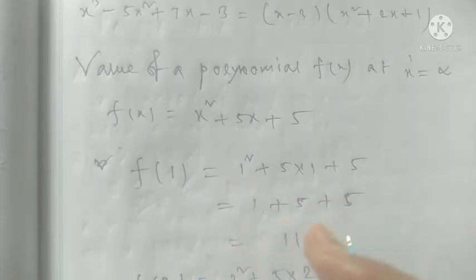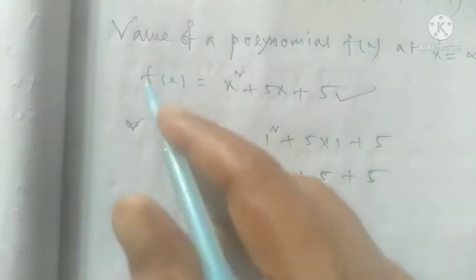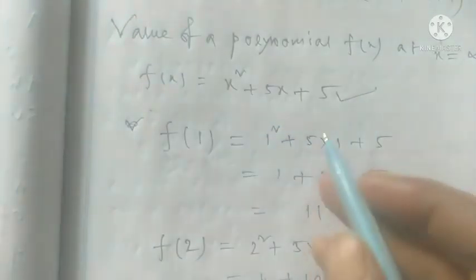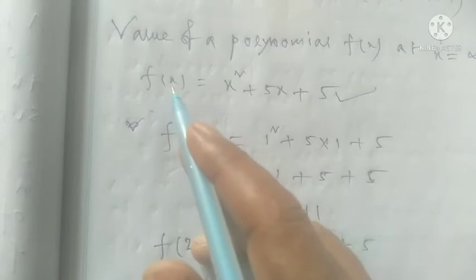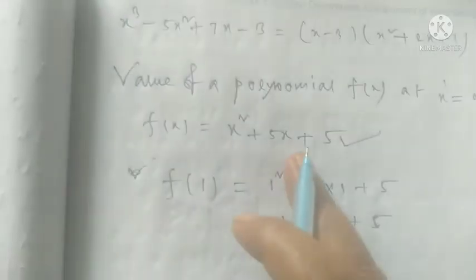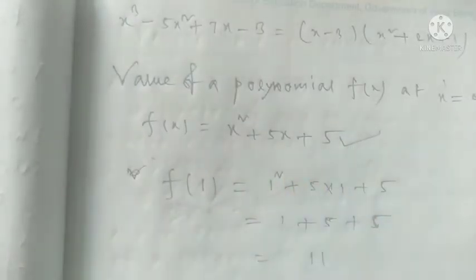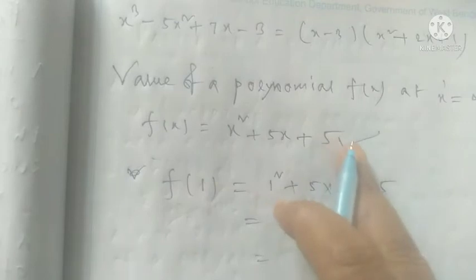So you have to write the polynomial, denoted by f of x: f of x is equal to x square plus 5x plus 5.